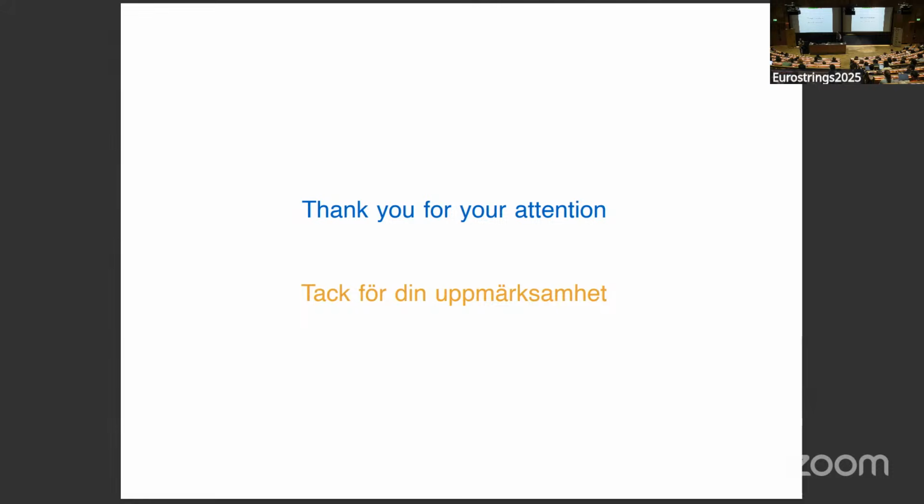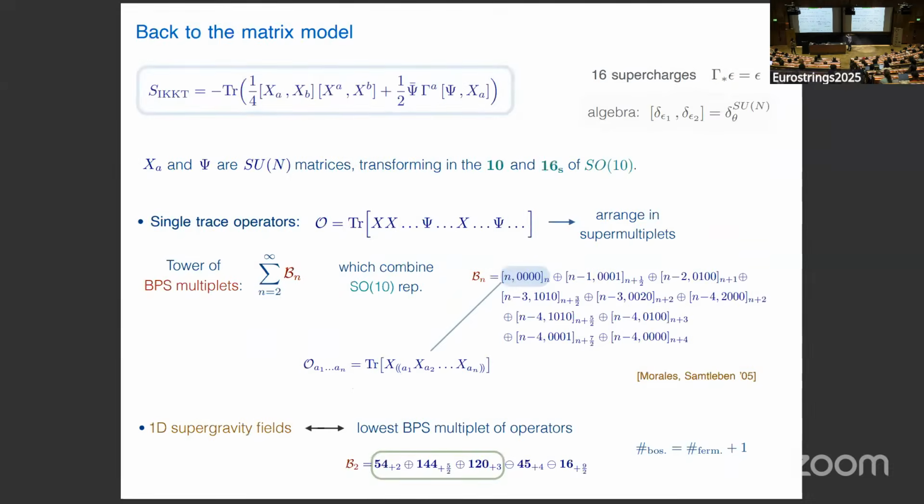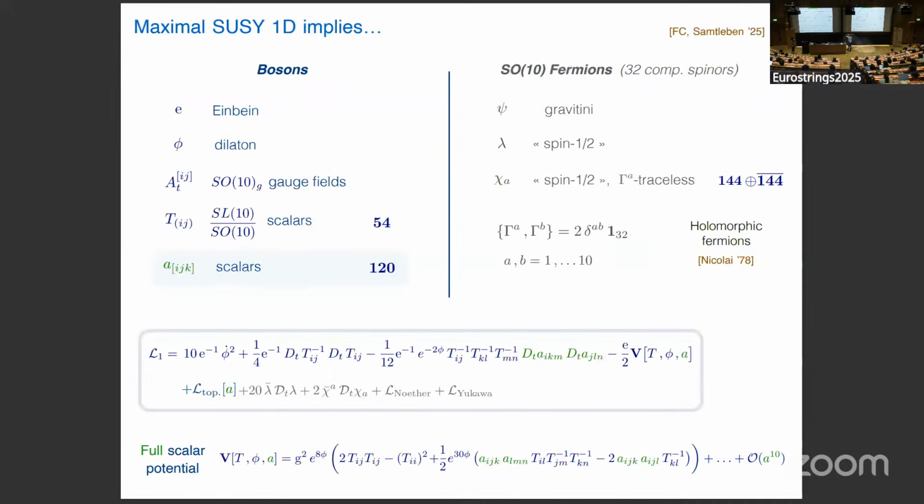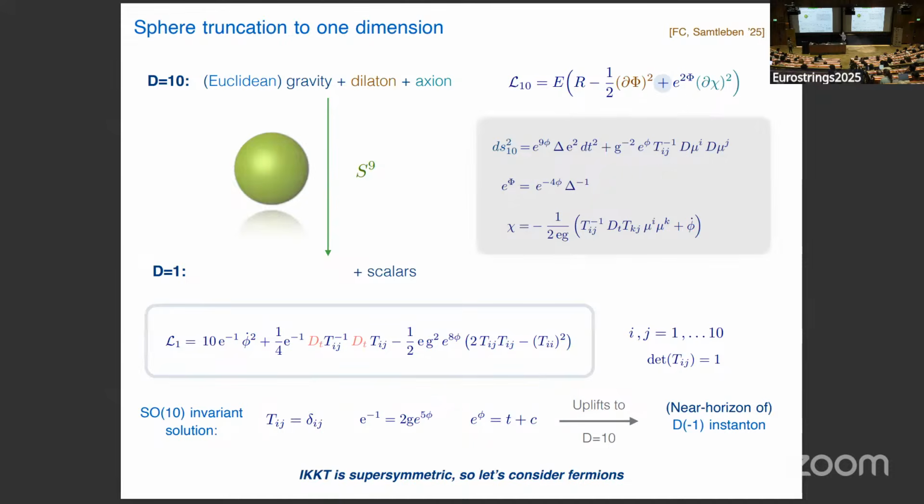So it looks like the small a's are responsible for these three-form fluxes in 10 dimensions. But is there any operator or field in one dimension that corresponds to the 5-form? Sorry, the small a's are fields in one dimension. It feels like they are modes of the 10-dimensional 3-form. Yes, because the full truncation is very nonlinear, they will spread into all of the fields in 10 dimensions when you turn them on.